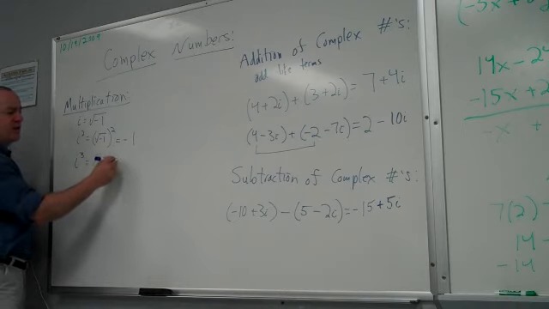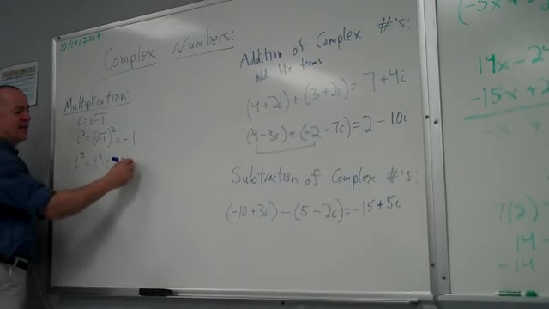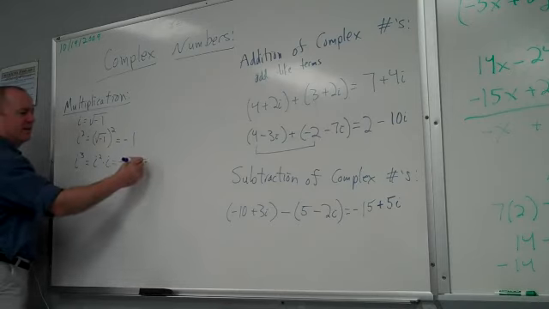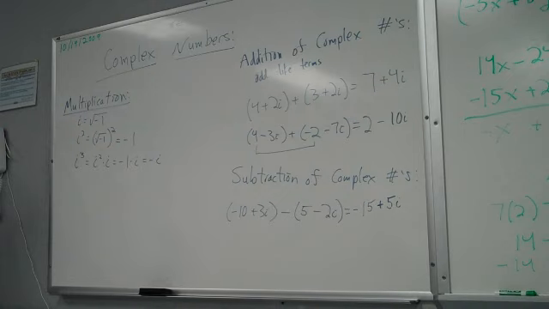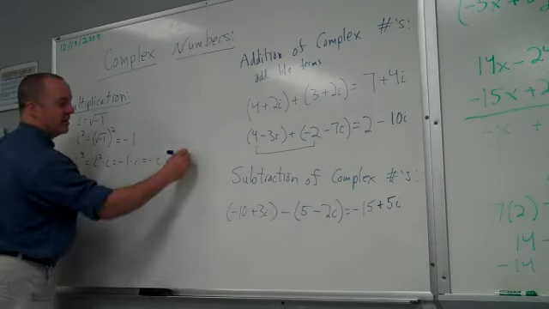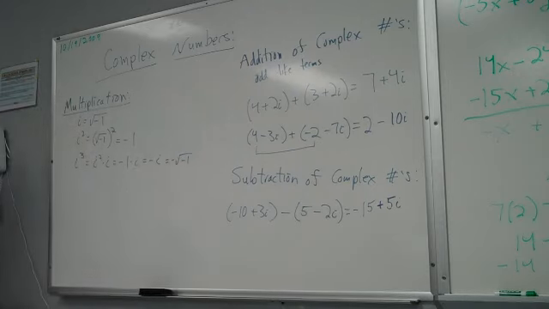And I squared we just said is negative 1, so it's negative 1 times I. So it's negative I. Now, I is a square root of negative 1, so just leave it at negative I. It's negative root negative 1, and you can't bring that root into the radical.